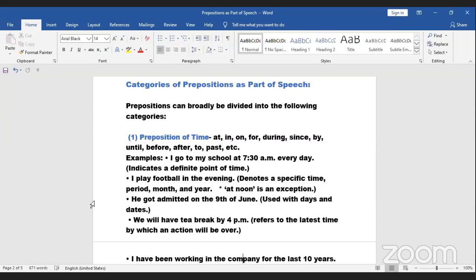Now "by". When I say "by", it is the latest possible time. When I tell you guys to submit it by next week, that means you have time to submit it until next week, but before next week ends.